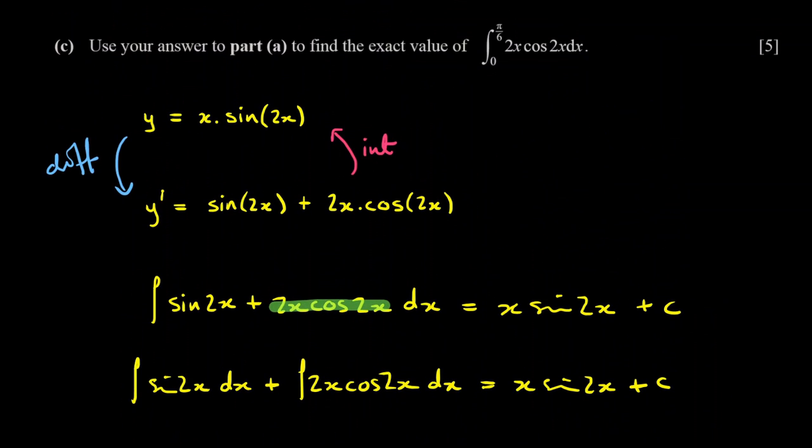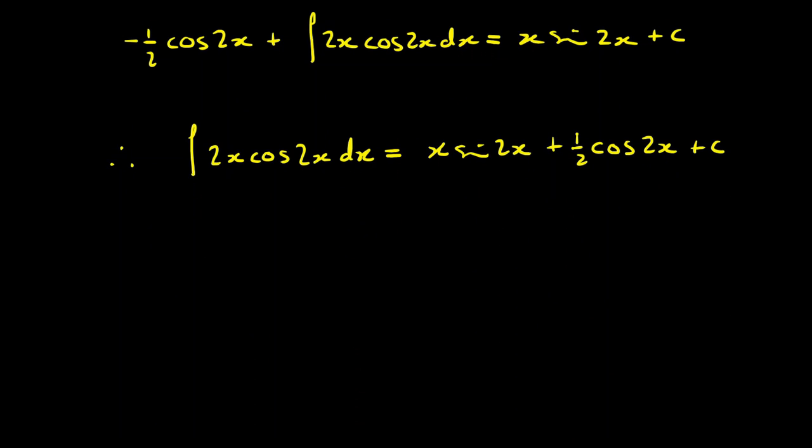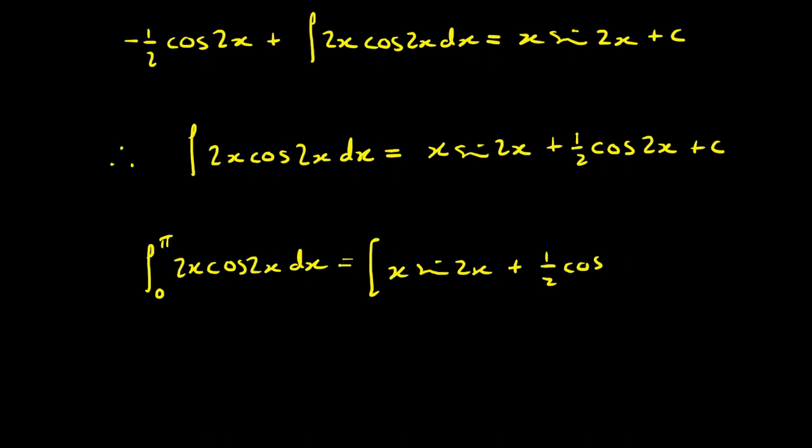And the last part then is I just need to substitute in my bounds, which are 0 and pi by 6. So I'm going to turn that from an indefinite integral to a definite. So the integral between 0 and pi by 6 of 2x cos 2x dx is equal to x sine 2x plus a half cos 2x between 0 and pi by 6.